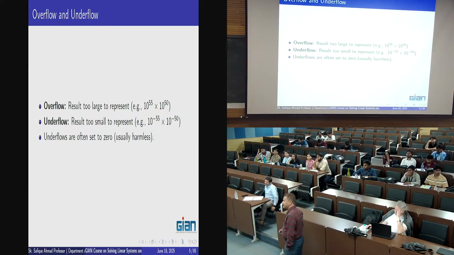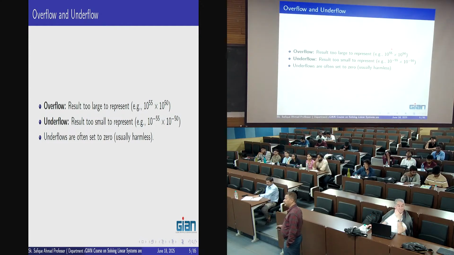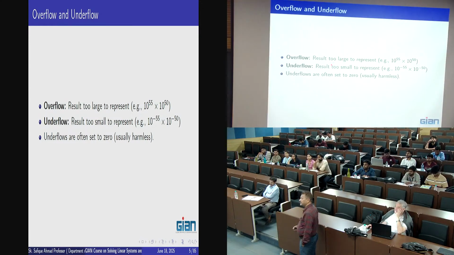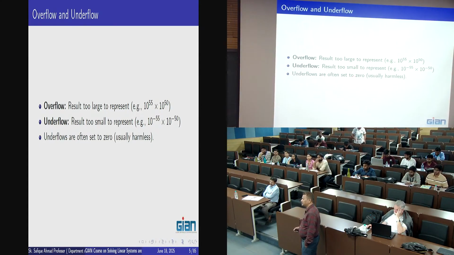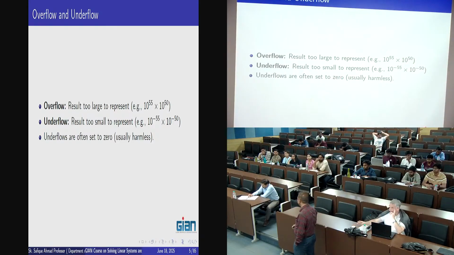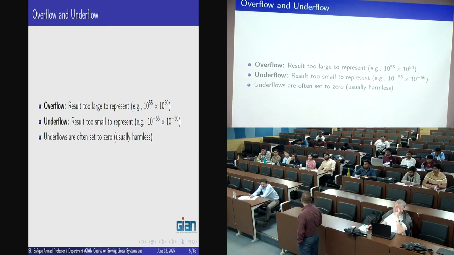It depends on whether you are okay, and if the results are too small to be represented, the underflows are often set to zero instead of some numbers. You make a proper scaling.